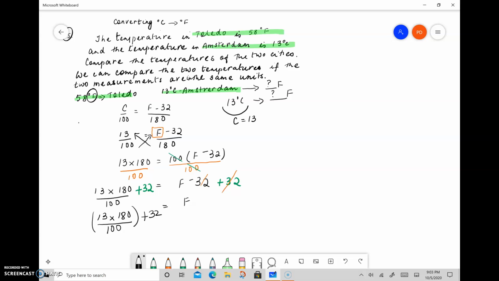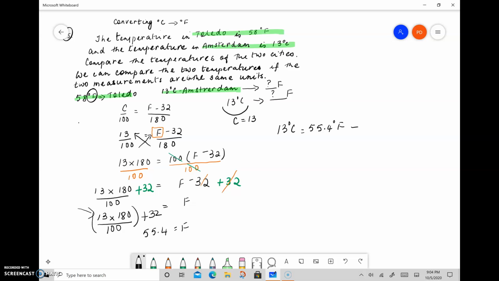When you enter numbers into your calculator, enter this first and then add the 32, and that gives us 55.4 equals F. So what that tells us is 13 degrees centigrade is equal to 55.4 degrees Fahrenheit.